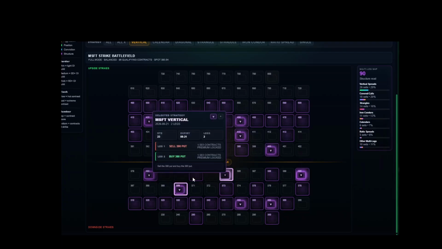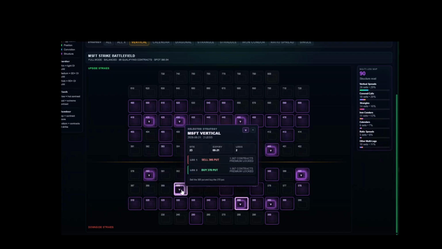Yep, this is the earlier position we reviewed. This one as well. This one is more conservative, betting that the price will stay above 385 within a month. Again, big positions. Unfortunately, right now I'm not able to show the exact premium on some of these positions.